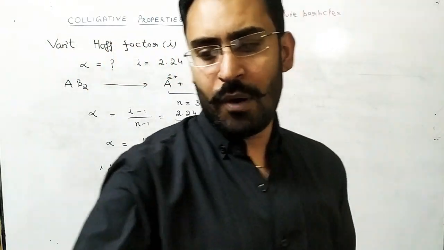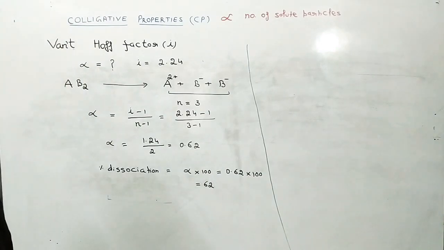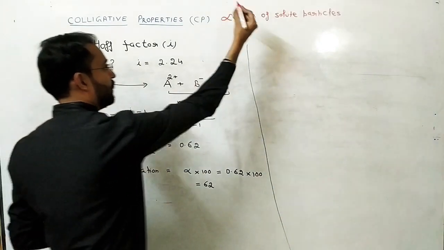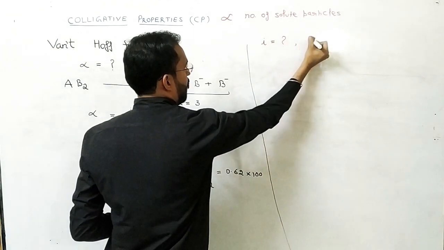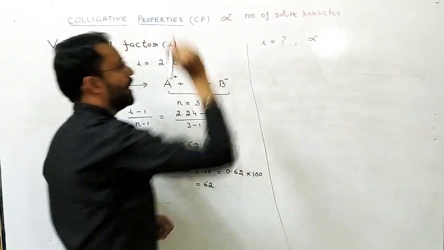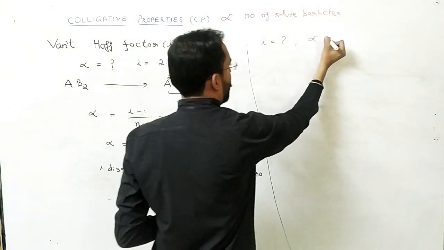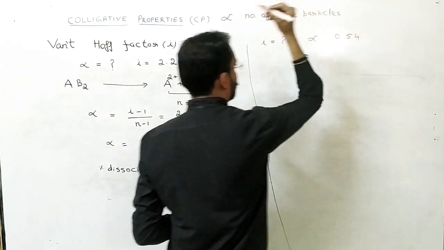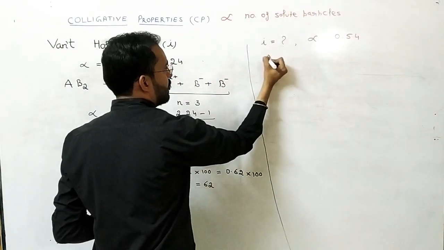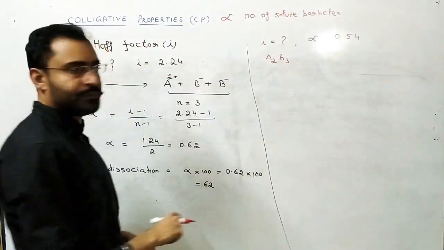Next numerical problem is to calculate i from alpha. Alpha for the electrolyte is given, and the value of alpha is 0.54. The type of salt is A2B3.